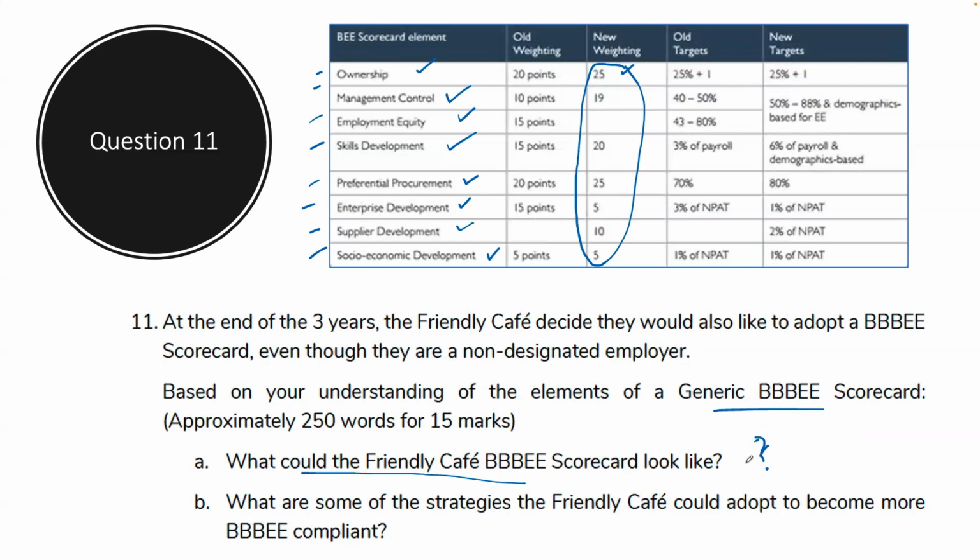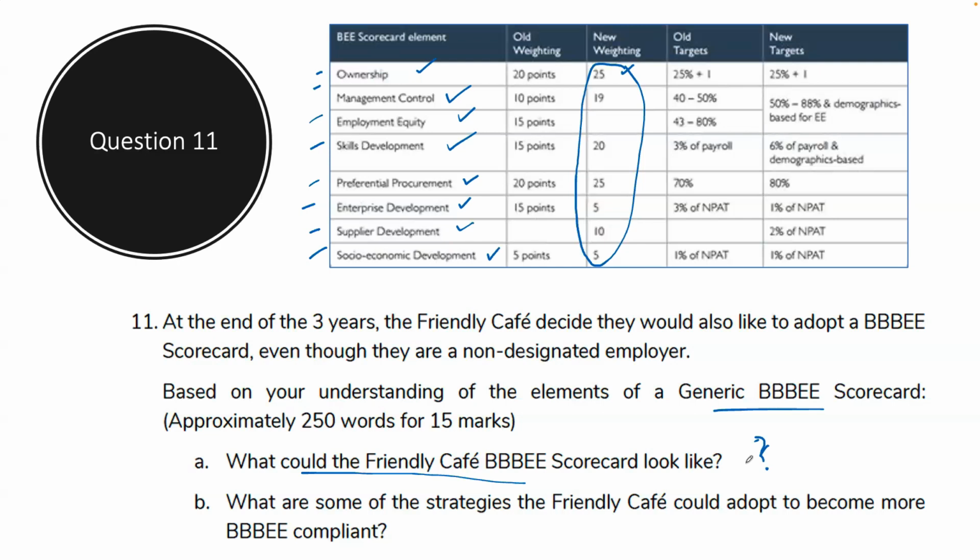I'm just looking forward quickly. Pages 408 to 409. All right, here we go. The Broad-Based Black Economic Empowerment Act gives you a breakdown of it, and then it gives you the formulas.